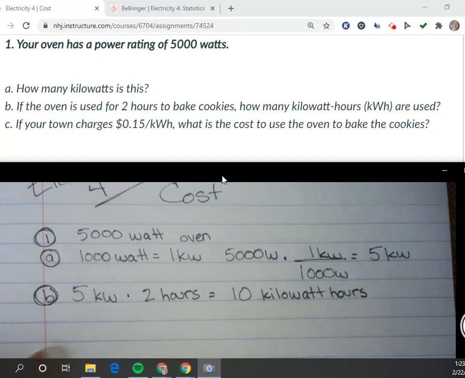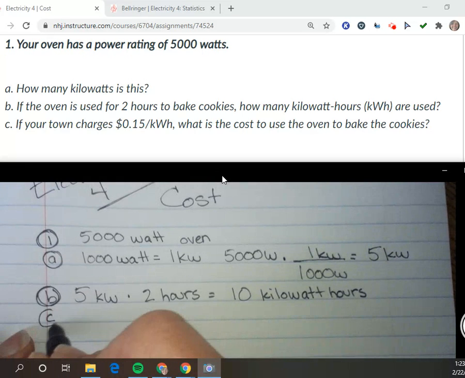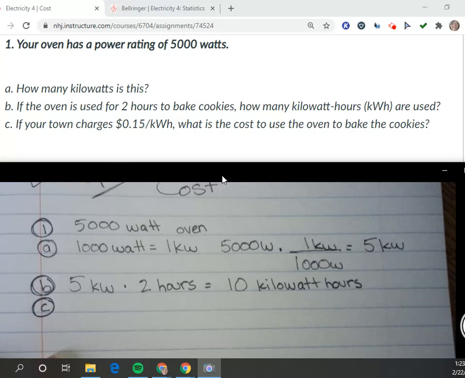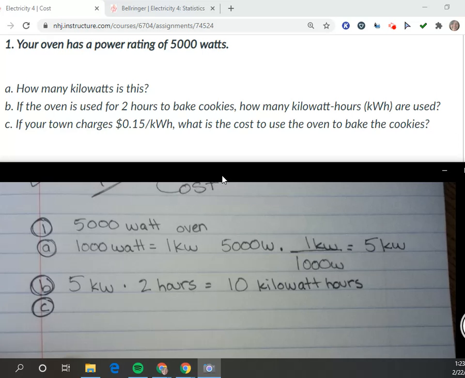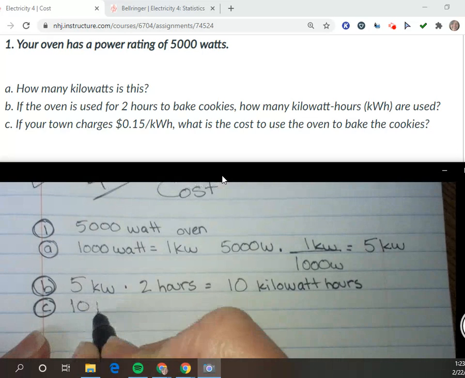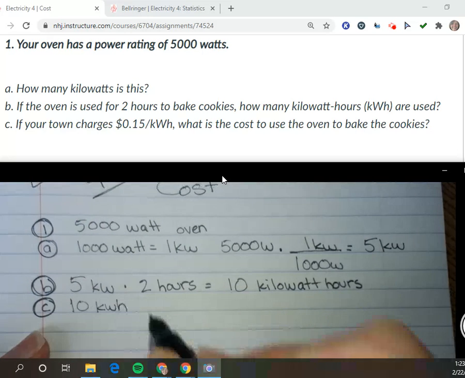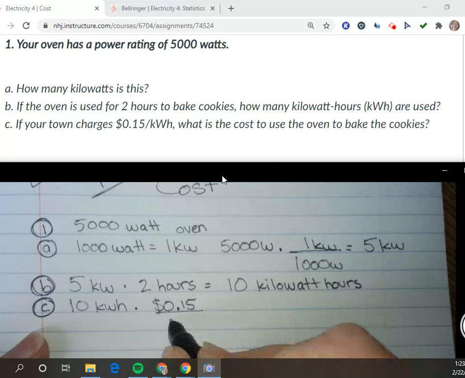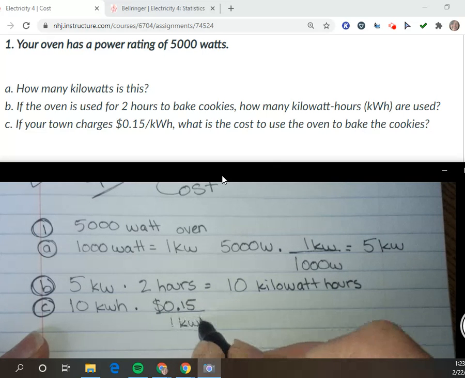And that's the next question. Okay. So if your town charges 15 cents per kilowatt hour, what is the cost to use the oven to bake the cookies? All right, so we're going to take our kilowatt hours, 10 kilowatt hours times 15 cents per 1 kilowatt hour.